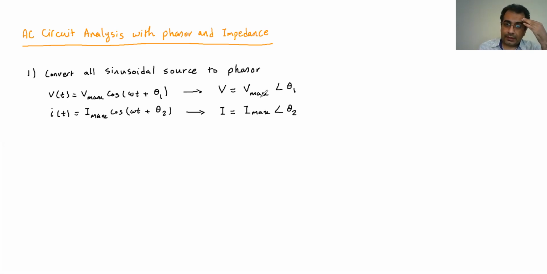Just remember, if you have a combination of AC and DC sources, the DC source is constant, for example, v(t) equals 2. You can write it as V equal to 2 with an angle of 0.